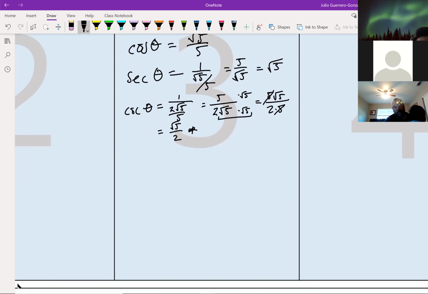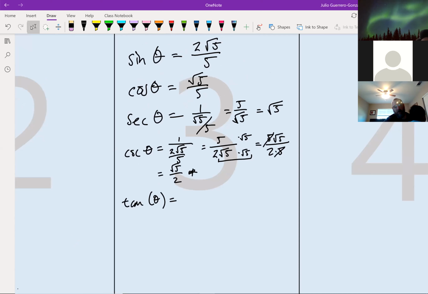So tangent of an angle theta is equal to the sine over the cosine, which is these two up here. So it's going to be 2 root 5 over 5 divided by root 5 over 5. Okay, you guys notice you have two things here that are exactly equivalent. So those two cancel, you get left with 2.